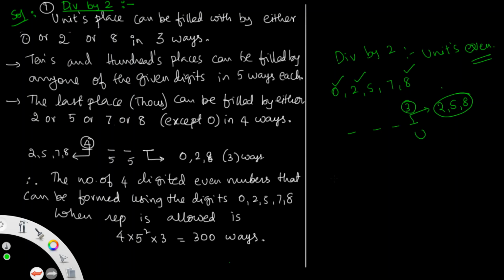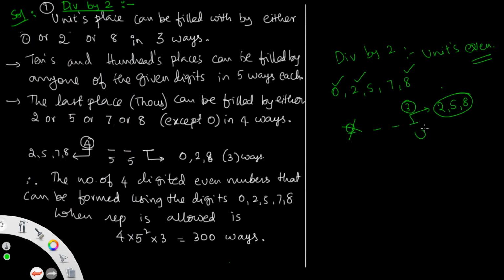And the remaining places are the tens place, hundreds place and thousands place. For the thousands place, 0 should not be filled here, because then you would not get a 4-digit number; it becomes a 3-digit number.